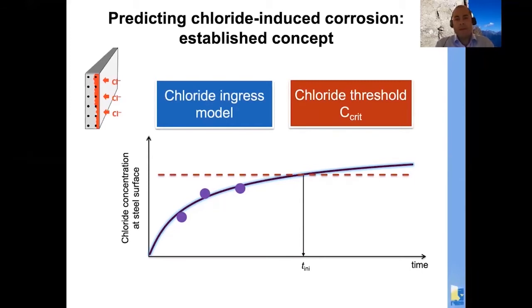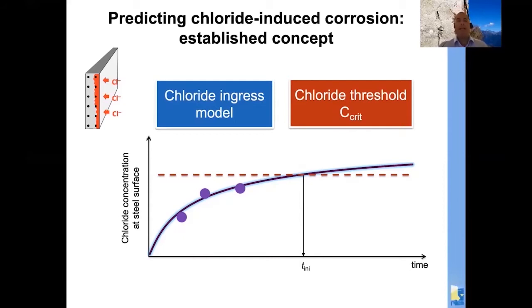And this threshold is the chloride threshold value, which is abbreviated here as C-crit, sometimes also referred to as critical chloride content in concrete. And the concept is very simple. It means that once this threshold value is hit, corrosion will start, and therefore this point here defines the time of corrosion initiation.